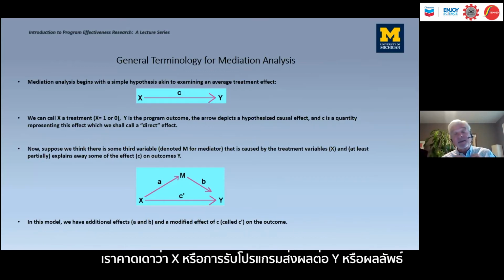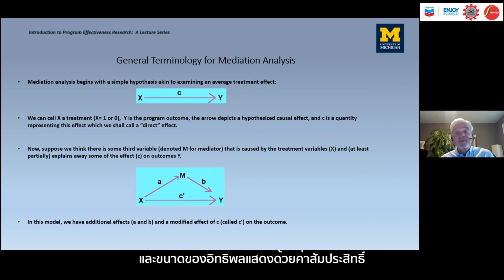We assume X, the treatment, affects Y, the outcome, and the size of that effect is expressed by the coefficient, usually a regression coefficient, C. This effect from the first analysis is called the direct effect in this literature.